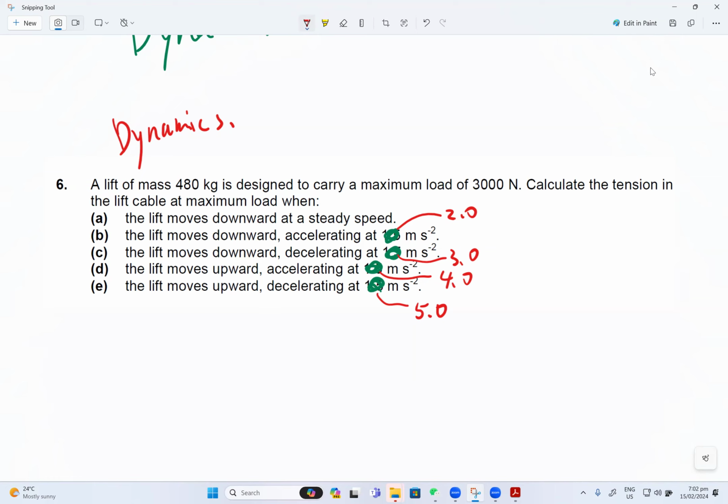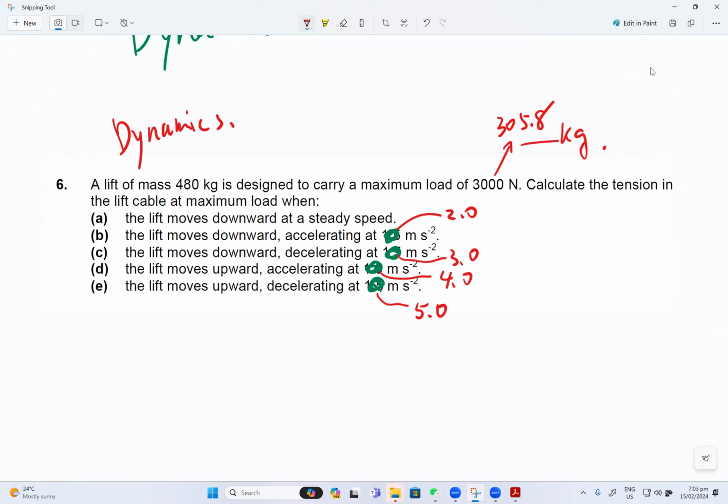Okay, all the diagrams same. You just pretend the lift with load all together. How many kg? 3,000 Newton load. How many kg? Good, but that's the answer for year 11. But this year we need to divide by... So we have 305.8 kg.